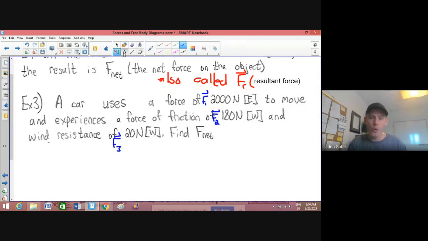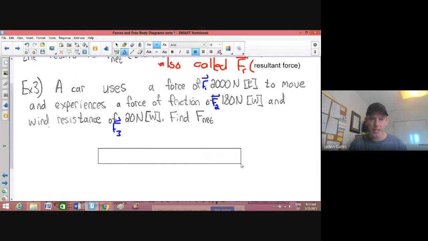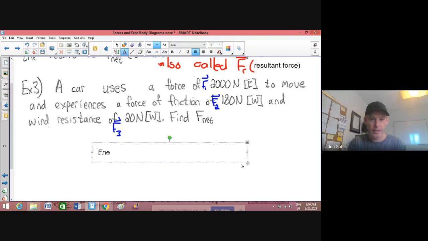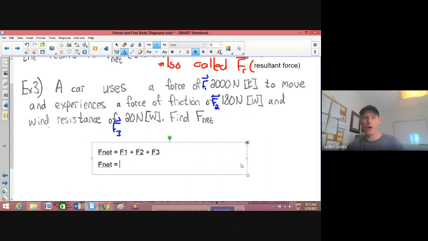And so if I am trying to find F net, it's going to equal F1 plus F2 plus F3. So if I add up those forces, they will give me my resultant force, or in this case, what I would call my net force, same thing.